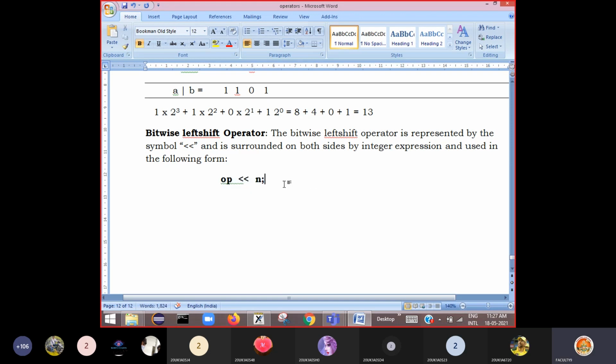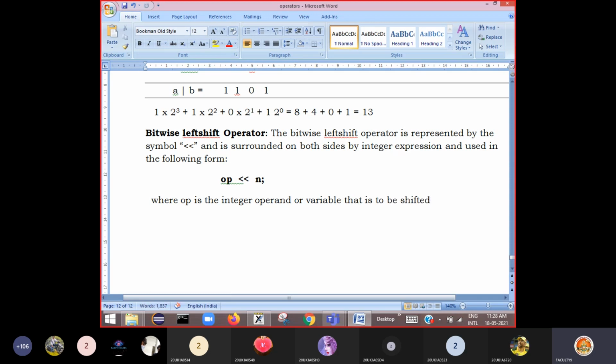This is the form in which we use this left shift operator, where OP is an integer operand or a variable that is to be shifted.